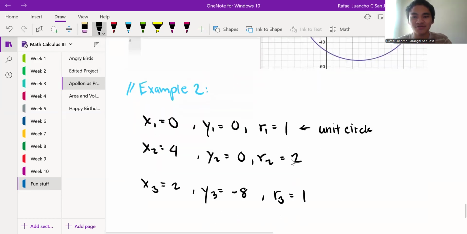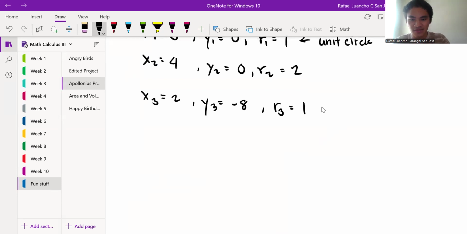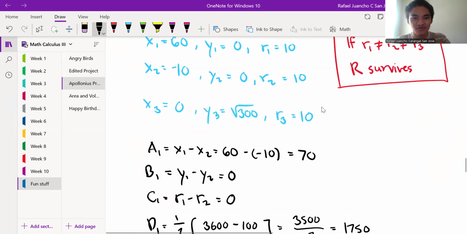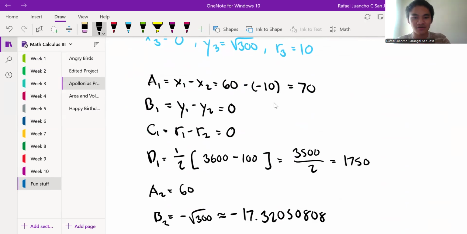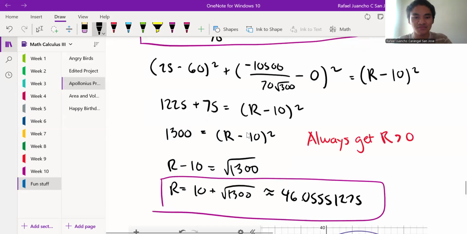So here I just put a bunch of random numbers. Okay, let me test out my formulas. First thing I'm going to do is try to get all my constants down, right? So I'm going to say A1, B1, C1, D1. So what are these?